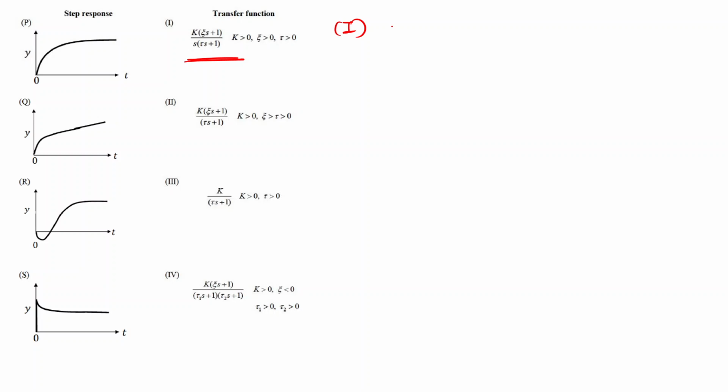So over here, one is k upon (zeta s plus 1) upon s (tau s plus 1), where k is greater than 0, zeta is greater than 0, and tau is greater than 0. To find the response corresponding to this transfer function for the step input, we have the step input u of s as 1 upon s.